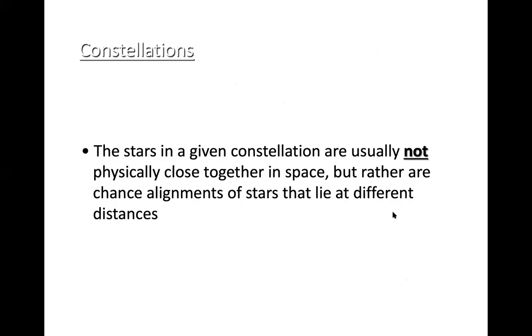There is one important point about constellations that I want to mention. It seems that these stars are very close to each other in terms of this pattern. But the truth is the stars in a given constellation are usually not physically close to each other in space, right? They are just chance alignments of stars that lie at different distances.